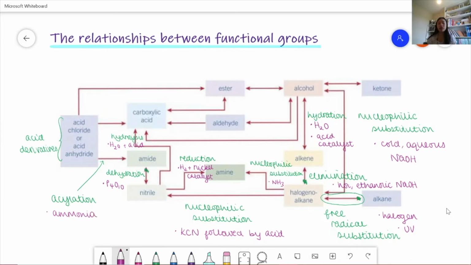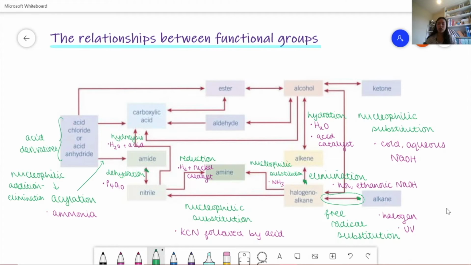And we can actually call these acylation reactions nucleophilic addition-elimination reactions as well. And it's the same thing. So we have nucleophilic addition, elimination.